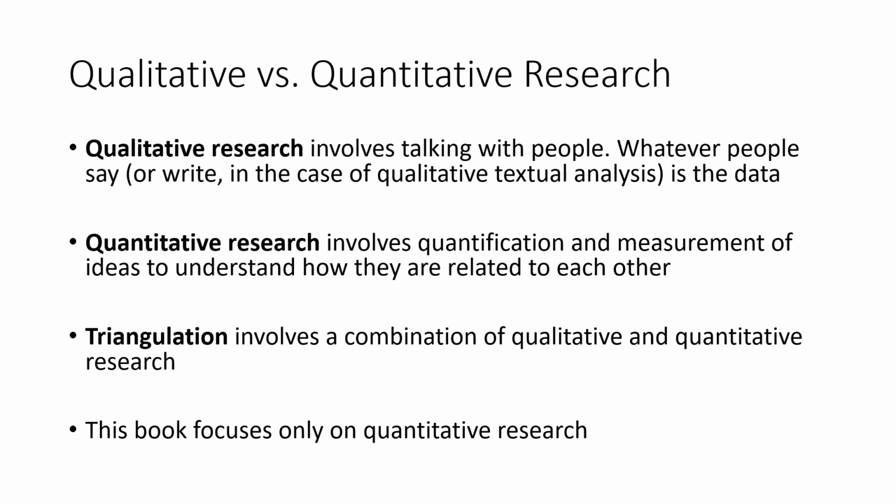Now, of course, the best type of research is what we call triangulation. Triangulation involves a combination of qualitative and quantitative research. Very few people do triangulated research, and that's a pity because it does give you the best sense of what's going on here, right?